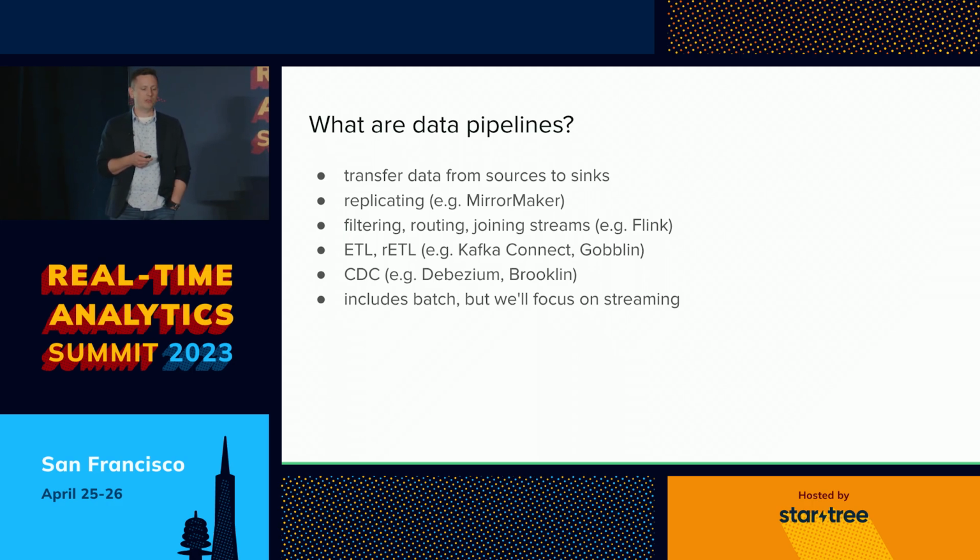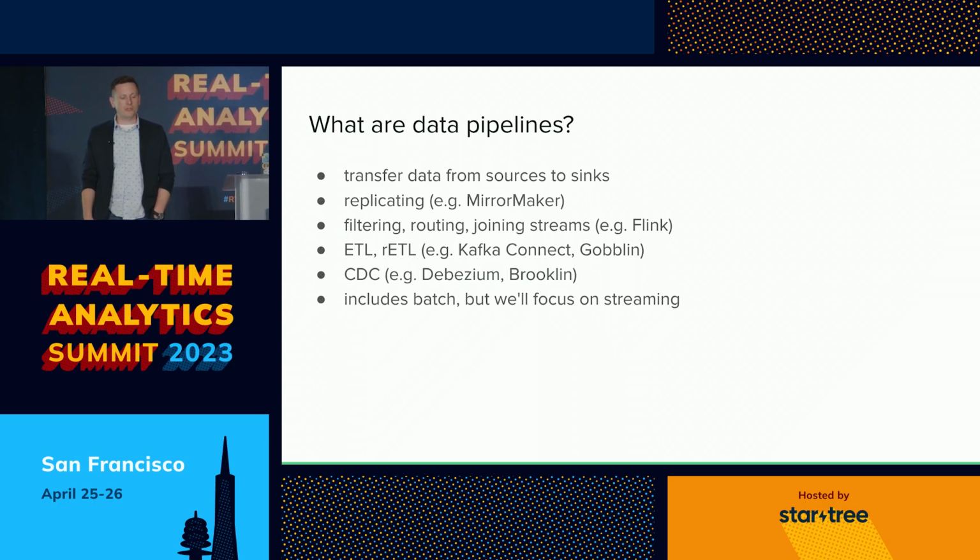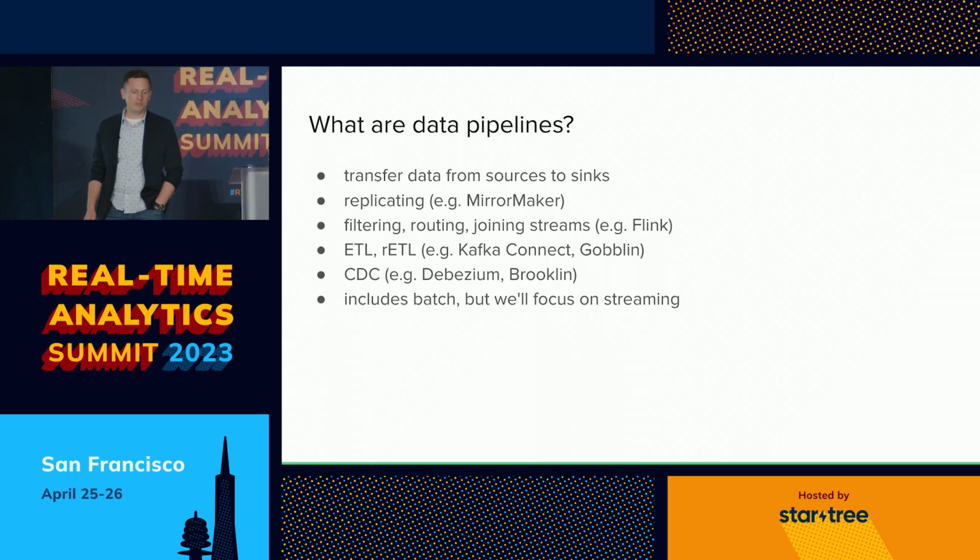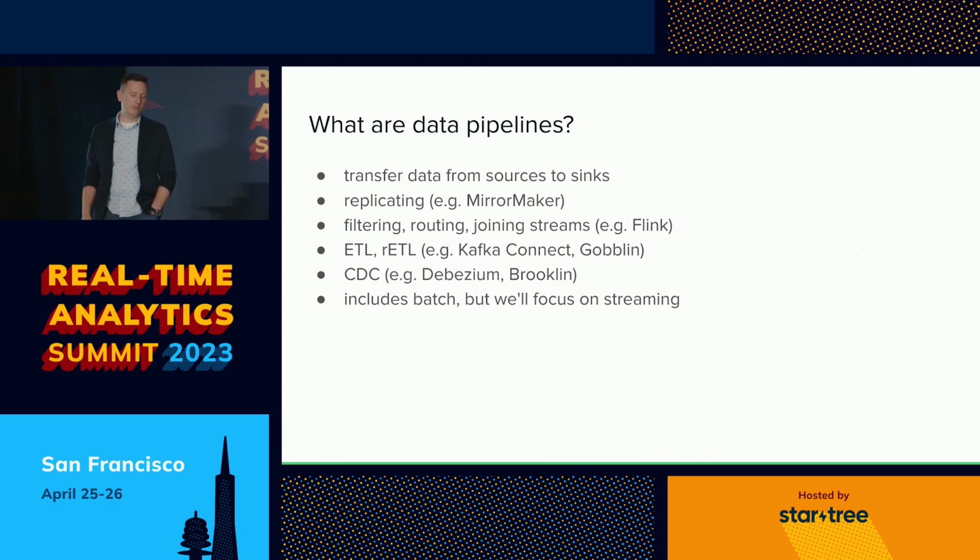They can involve streaming ETL or reverse ETL with things like Kafka Connect or Gobblin or any number of other systems. You can also group change data capture under this umbrella. Things like the Debezium project and Brooklin involve CDC, change data capture. And also data pipelines generally include batch, but for this talk we'll focus on streaming.